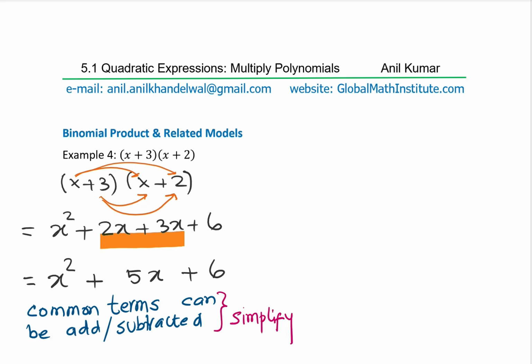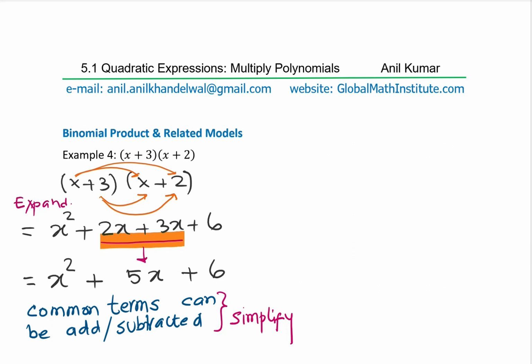So in the first part, we expanded. And in the second part, we combine the like terms to simplify it. So that is what we mean by saying expand and simplify.